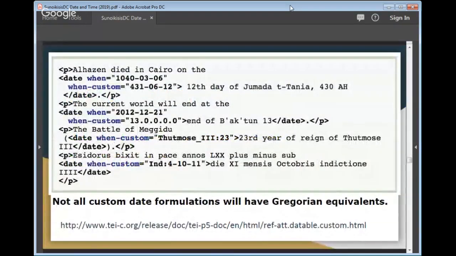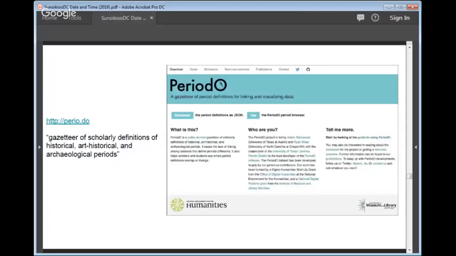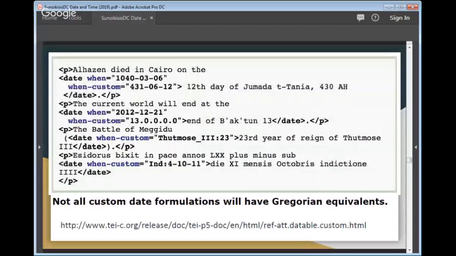So just to summarize again, here are again those examples from the TEI guidelines. Just wanted to stress again that sometimes we normalize to this because it is conventional to normalize to the Julian calendar or some other calendar rather than the Gregorian.